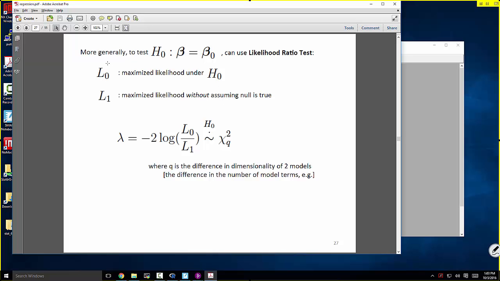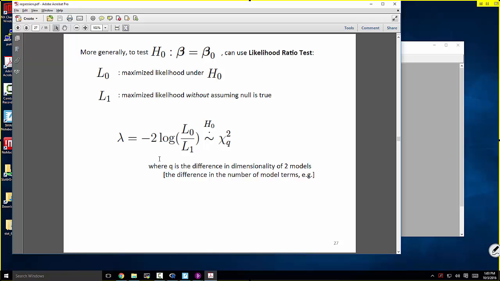The other model we need to fit is the one where we do make the restrictions. So whatever the null hypothesis is, we need to fit the model that assumes that case. That will give us a new set of estimates, and therefore a new likelihood.